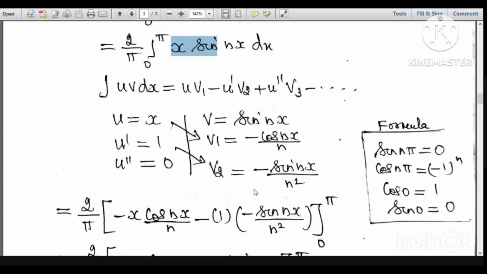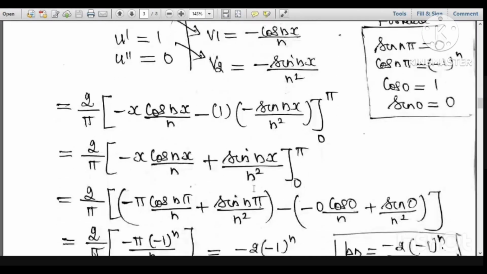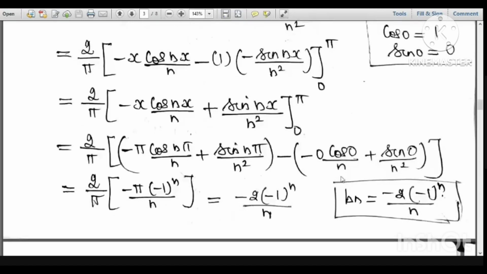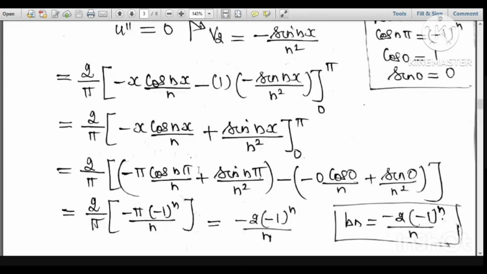Okay, so the limit is 0 to pi. So 2 divided by pi, minus x cos nx by n plus sin nx by n square, the limit is 0 to pi. First we have to apply the upper limit, so for x you have to apply pi.